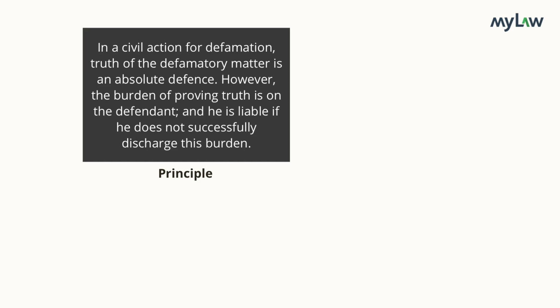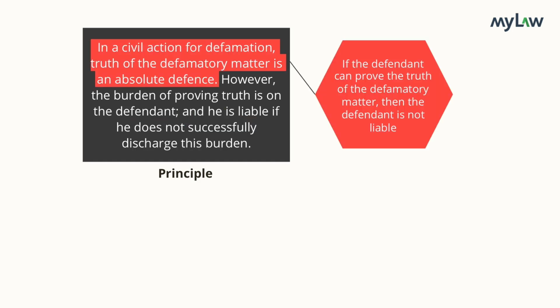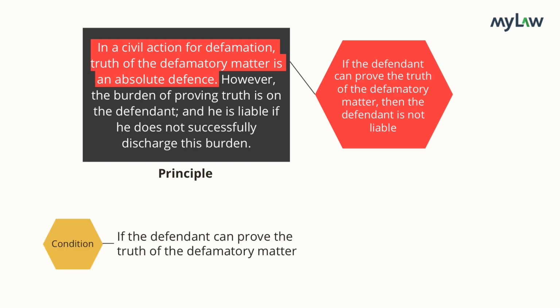What are the conditions? Let's read the principle carefully. Since proof of the truth of defamatory matter is a defense, the principle can be rewritten as, if the defendant can prove the truth of the defamatory matter, then the defendant is not liable. This means that whatever the other conditions, if the defendant can prove the truth of defamatory matter, is a necessary condition.